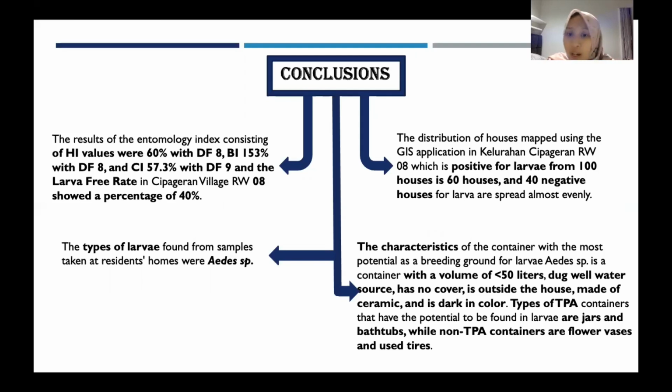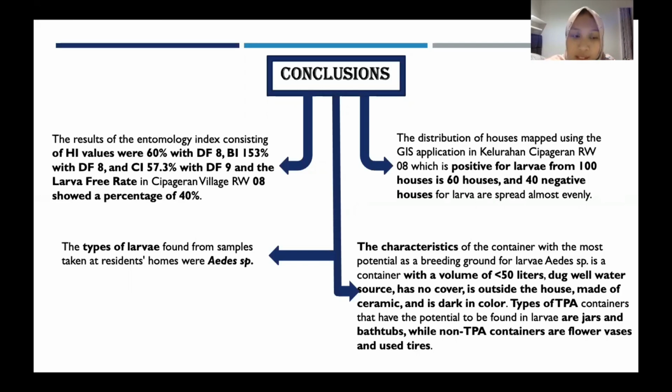The second is the distribution of houses made using the GIS application in CIPAGERAN village, which has positive larva from the 100 houses that we observed. There are 60 houses that are positive and 40 houses that are negative.